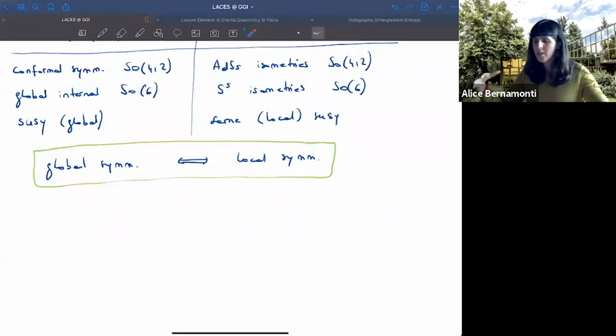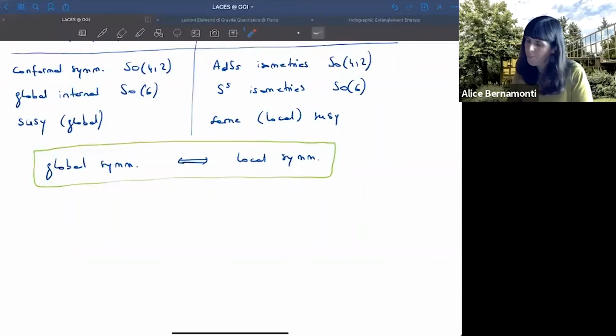So it leaves invariant the boundary metric, but it allows the bulk to fluctuate. These are also known as large gauge transformations, and are those diffeomorphisms that decay rapidly enough at the boundary. Roughly, we can consider them as the global part of the diffeomorphisms.